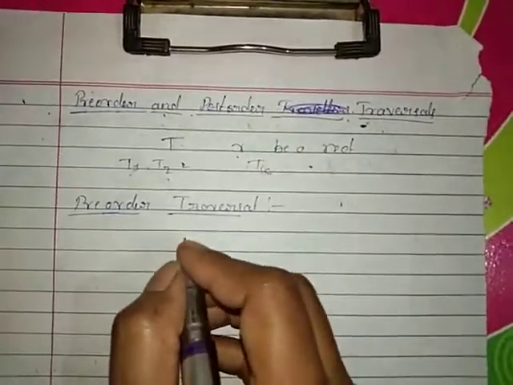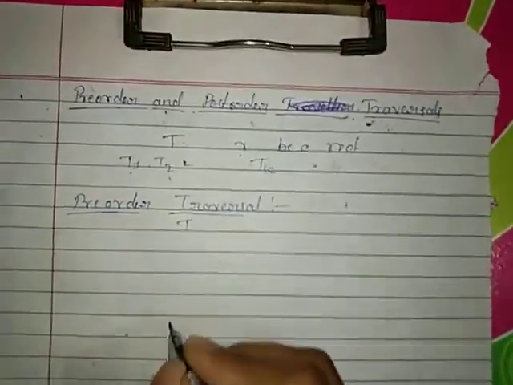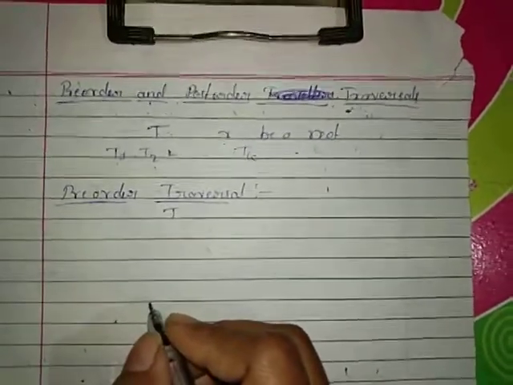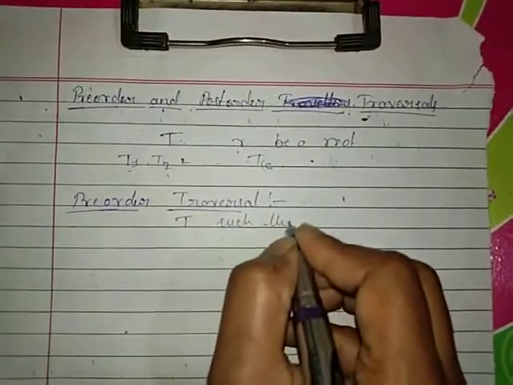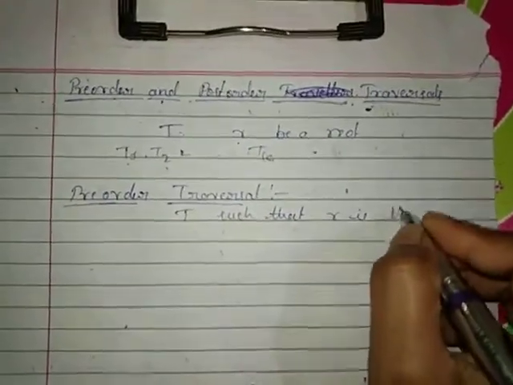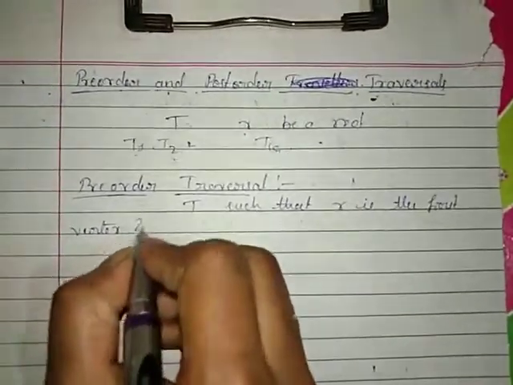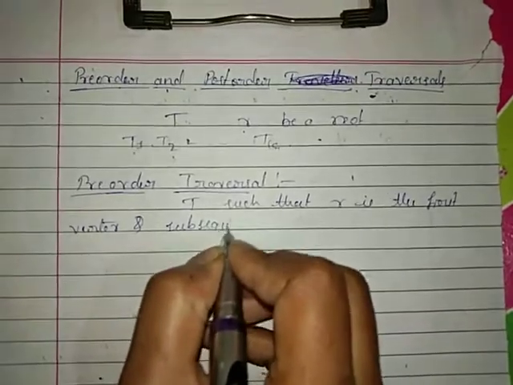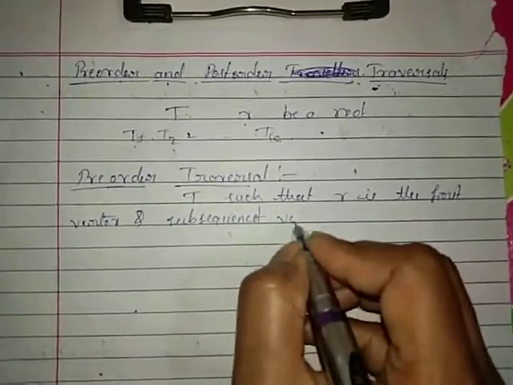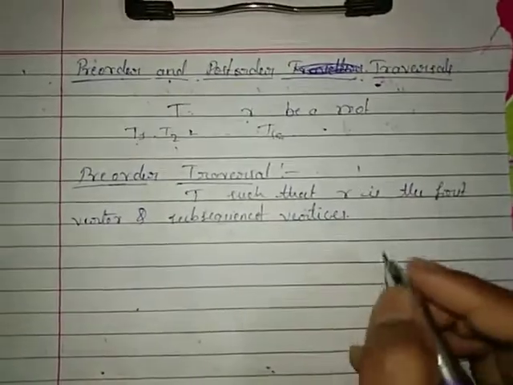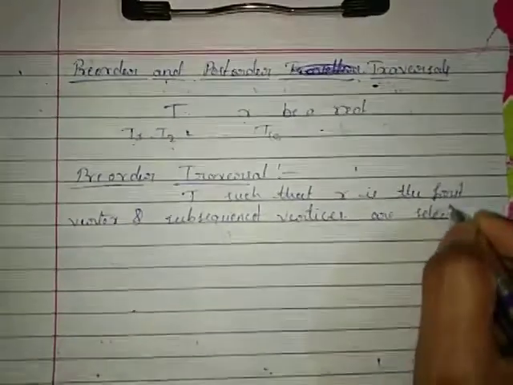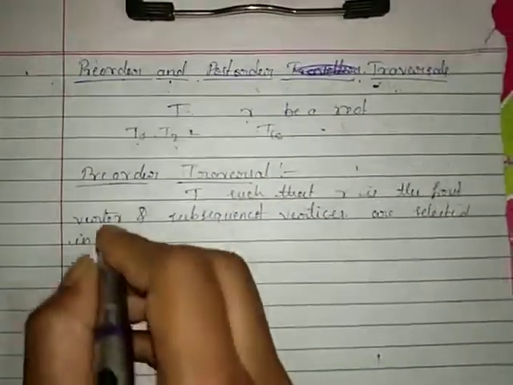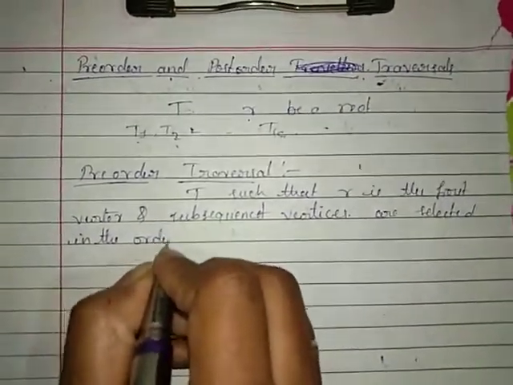Pre-order traversal means, suppose we list the vertices of T such that R is the first vertex, and the subsequent vertices are selected in the order.